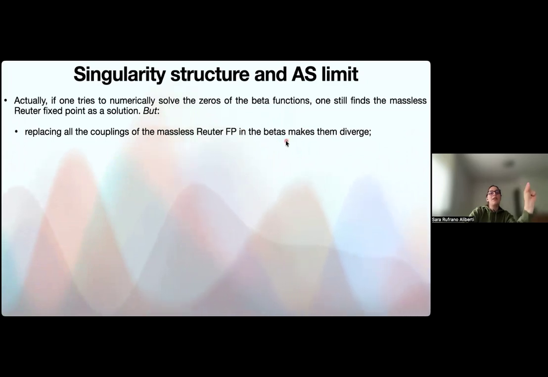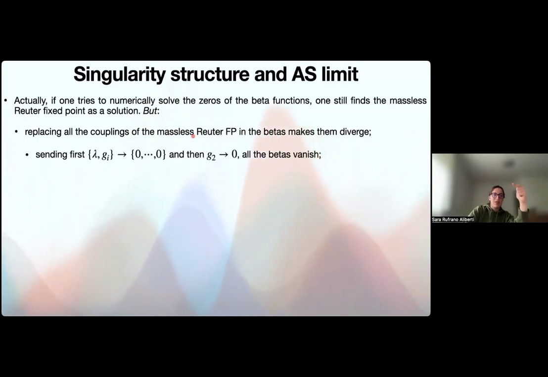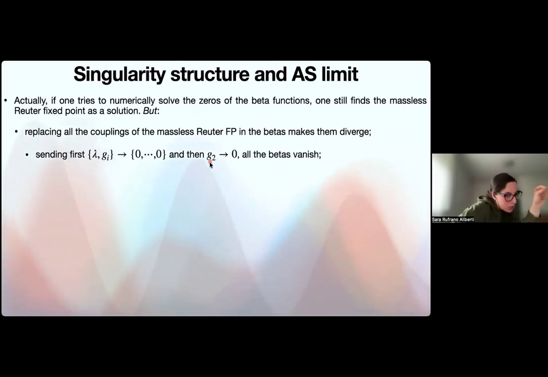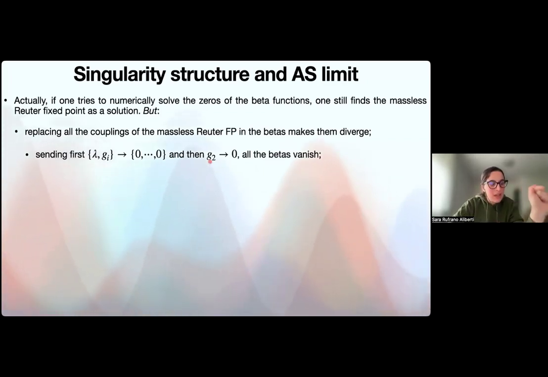And we found out that all the betas were divergent, replacing by hand the fixed point coordinates for the massless Reuter fixed point. So, looking at the singularity structure of these betas, we found out that if we send first all the dimensionless couplings to 0 except G2, that I recall you is the dimensionless coupling related to the mass of the vector field.